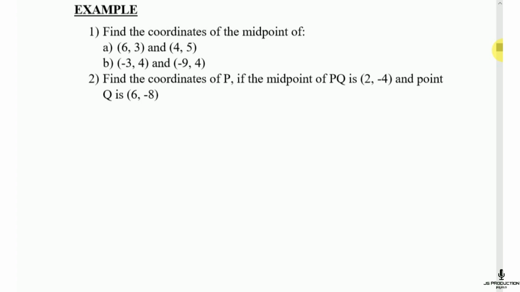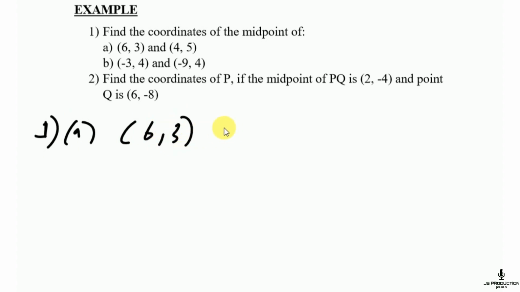So example 1 reads, find the coordinates of the midpoint of A (6,3) and B (4,5). So my A has coordinates 6,3 and B is 4,5. The first thing that I'm going to do is to write my x1 and my y1.